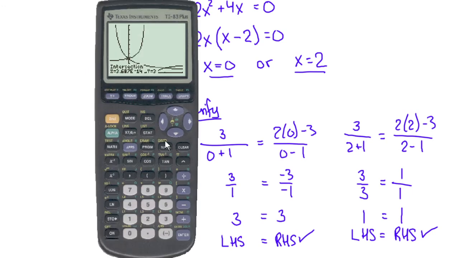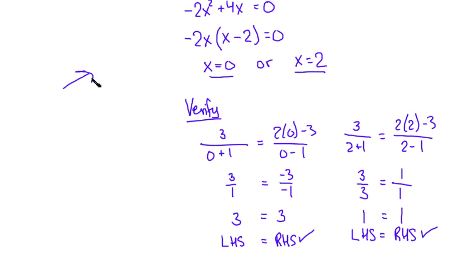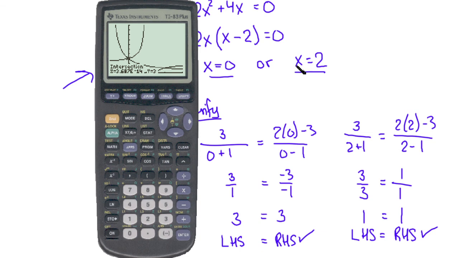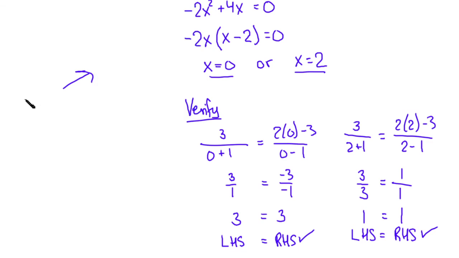And again, this is sort of an artifact of these calculators, the way they work. Oh, I can show both, I guess. So it says x equals 3.68, and then it says e negative 14. Is that what it says?